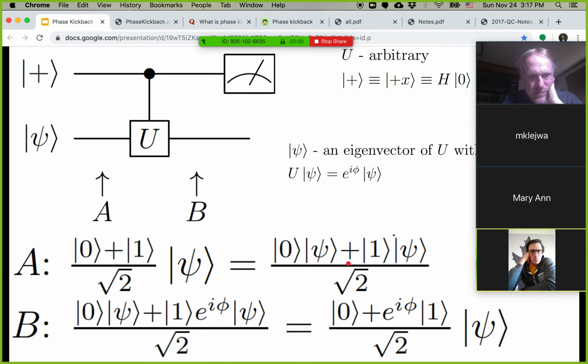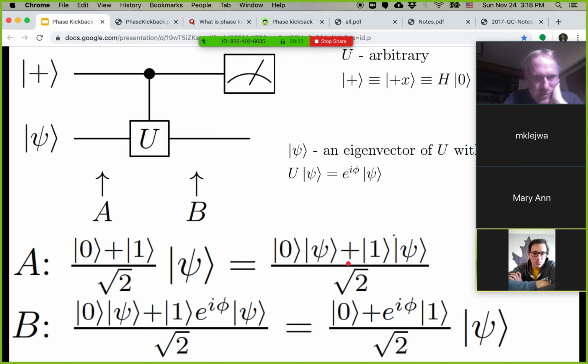Now we're going to modify what we do a little bit, and we're going to restrict state psi to only eigenvectors of U. This is a big restriction, but we do this to get phase kickback.